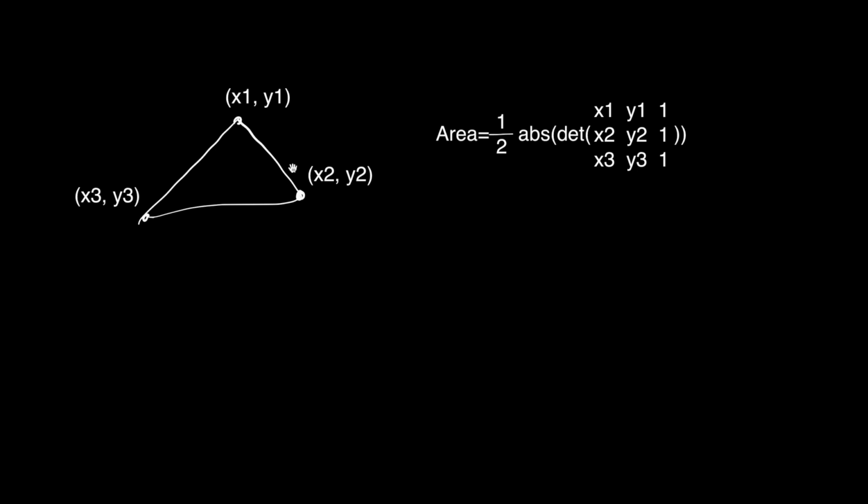Well, it kind of does, but not really. So, if we knew this, the area would be equal to half of the absolute value of the determinant of x1, y1, 1, x2, y2, 1, and x3, y3, 1.